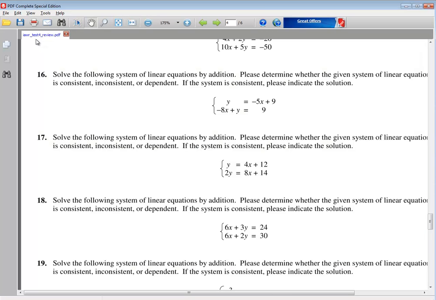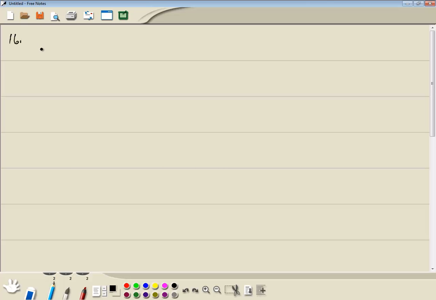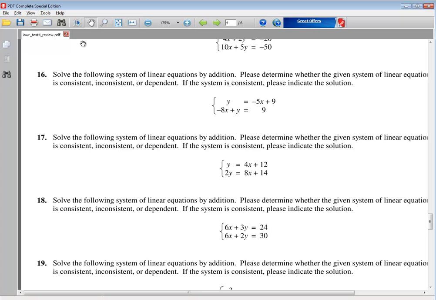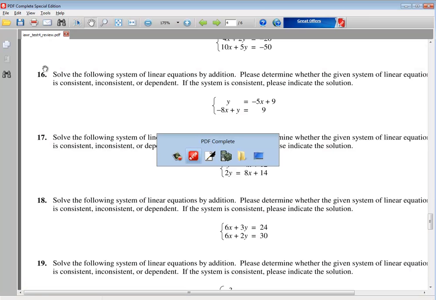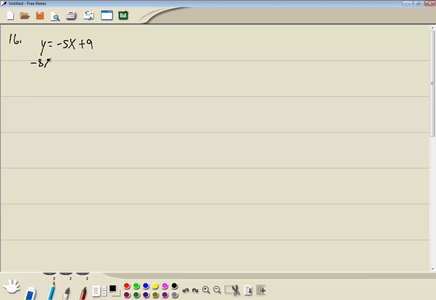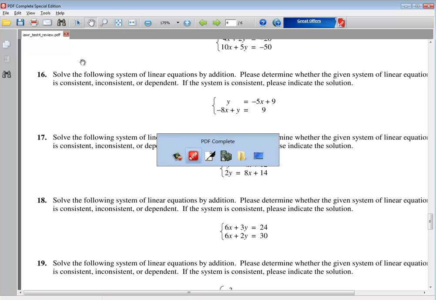So we got y equals negative 5x plus 9, and we've got negative 8x plus y equals 9.